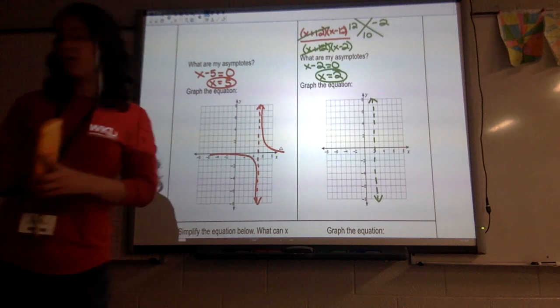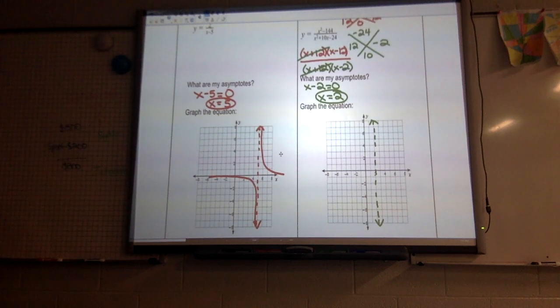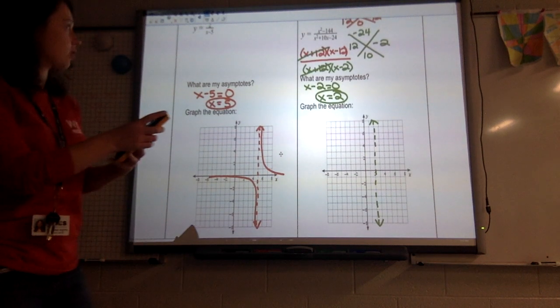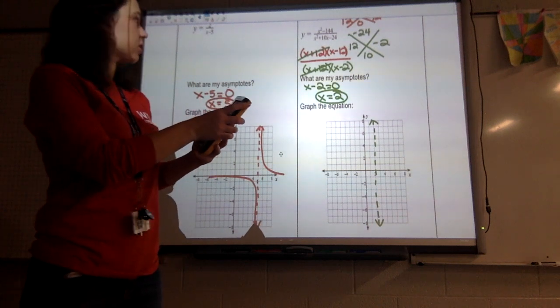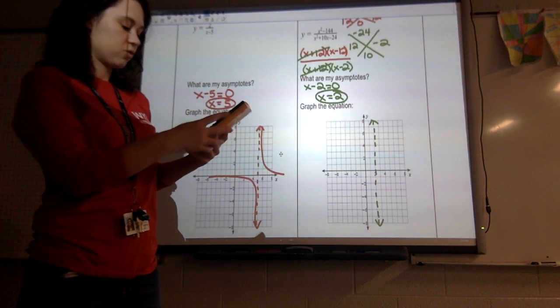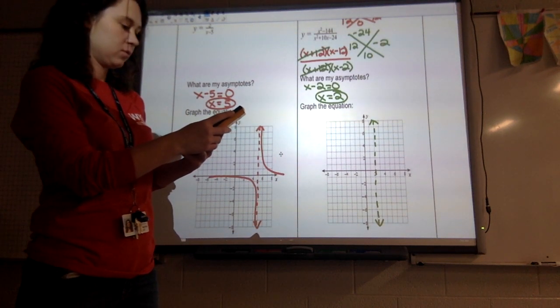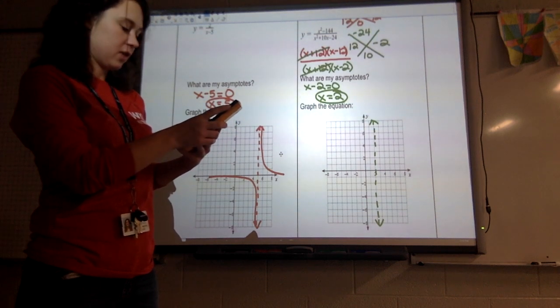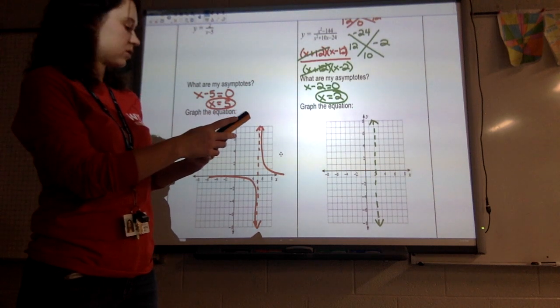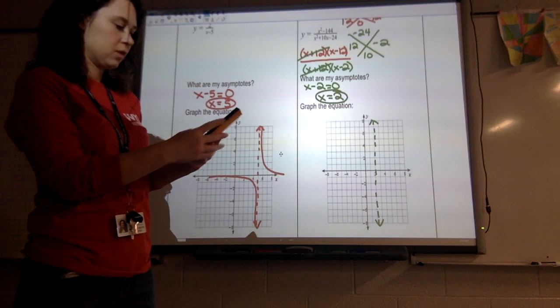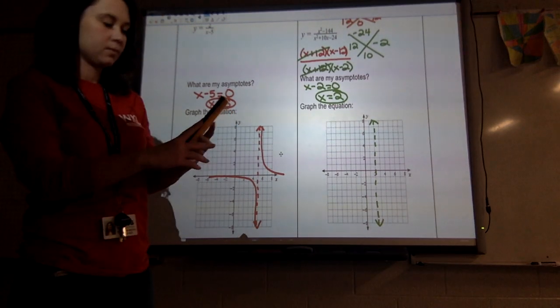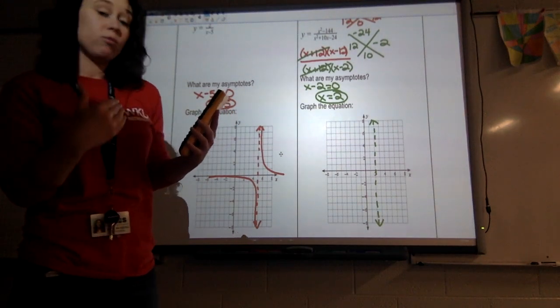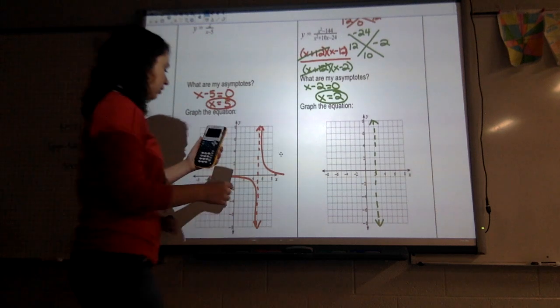So once I have drawn in my asymptote, I go to y equals in my calculator, and I'm going to type in x squared minus 144 over x squared plus 10x minus 24. And then it will give me what my picture should basically look like.